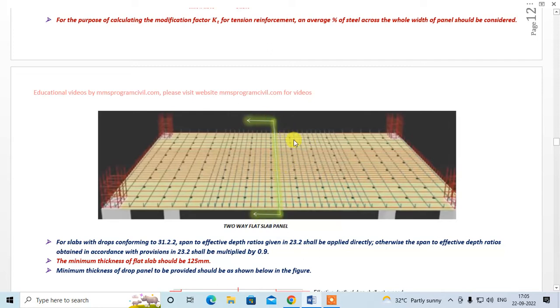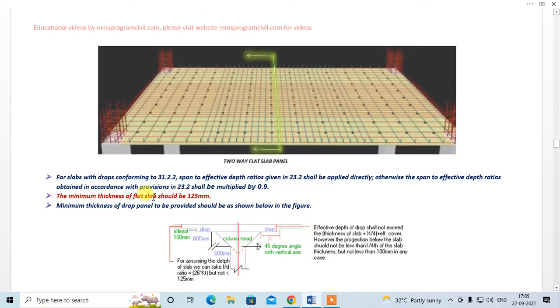So this is your half middle strip, this is your half middle strip, this is your column strip. We can see that the steel in both the half middle strips is less, and the steel in the column strip is more, right? So that is why we will have to take an average percentage of the tensile steel for the whole cross section. That is what the code says.